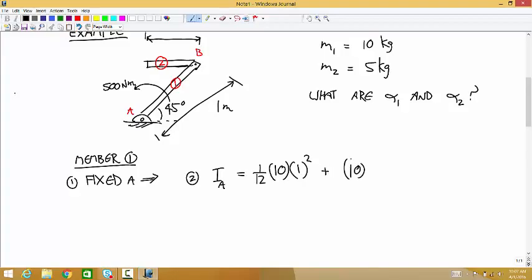The mass is 10. The distance from the center of mass to the fixed point, what's that? 0.5. And so you get, let's see, 2.5 plus 0.833. So I think that's 3.33334. That's round off error. Okay, and this is kilogram meters squared.